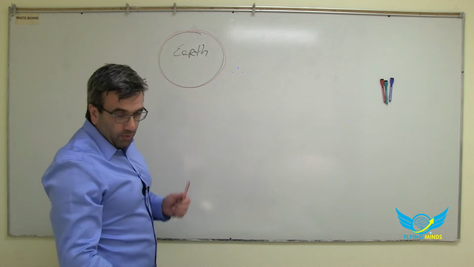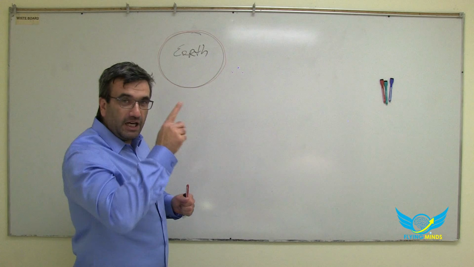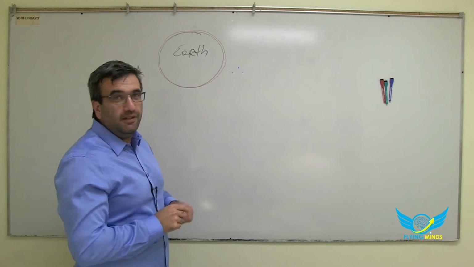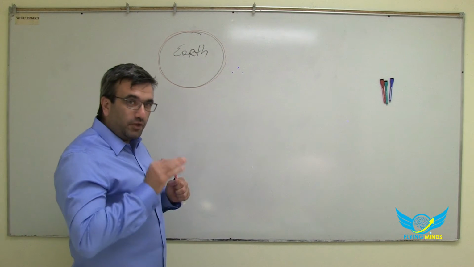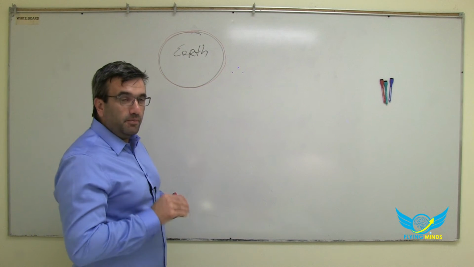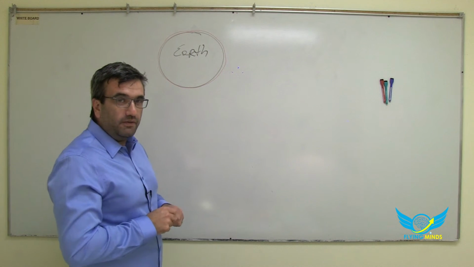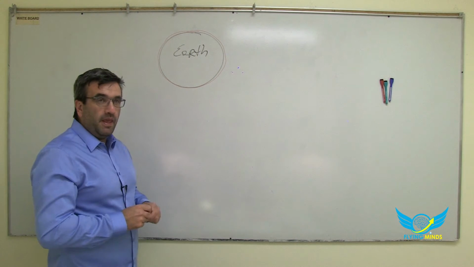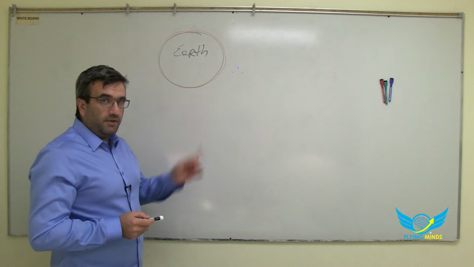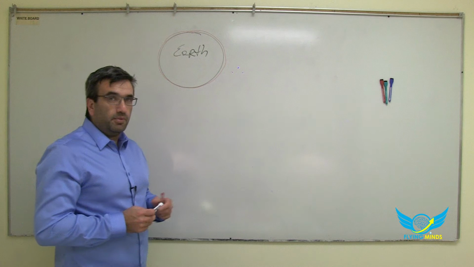So we have a rope that goes around the planet, and it's very tight, right? You can't slide in between the rope and the Earth. So the circumference of this rope is the same as the planet.